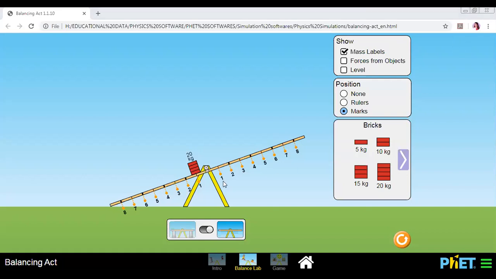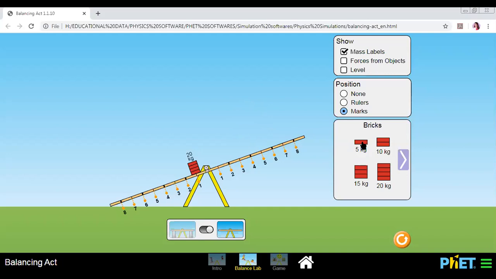Okay, so now understand, I want this 20 kg object to be lifted. So this is my load. This 20 kg is a load. And this is what I am going to apply, and this will be my effort.